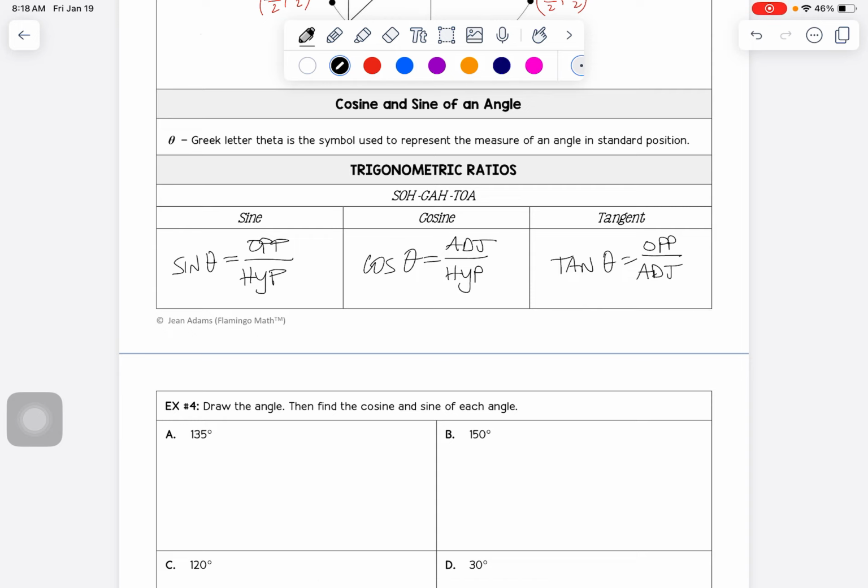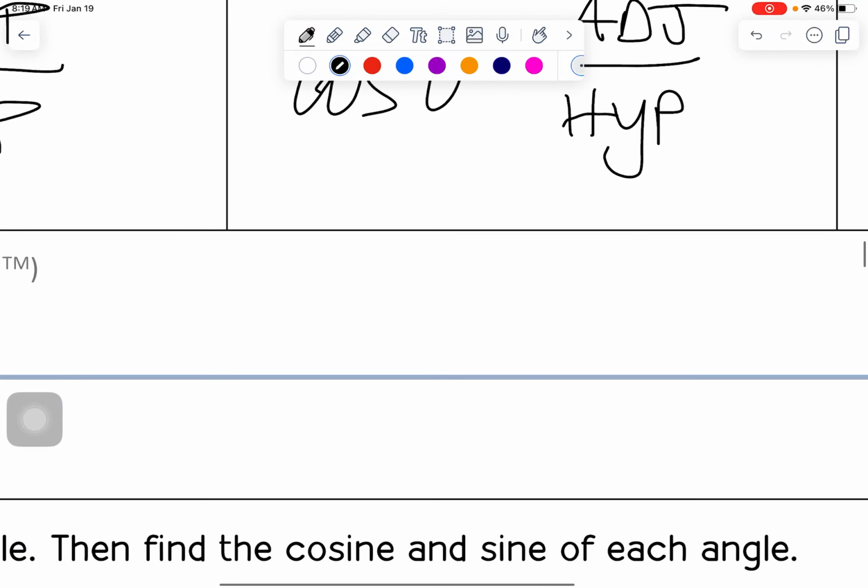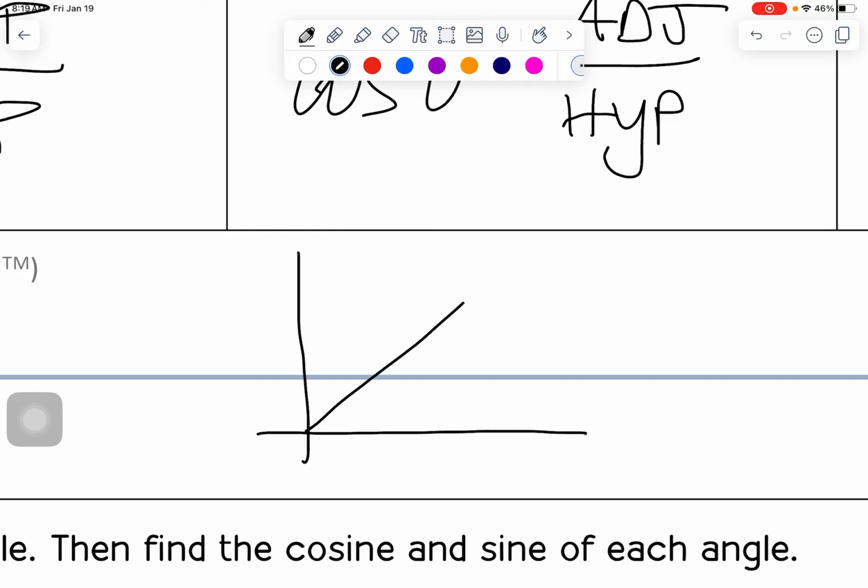The other piece I want you to realize is that this all still relates right back up to that unit circle we just talked about. I'm running out of space here, but in the margin of your paper, in that first quadrant with that first angle, if I label this as theta, then this is the adjacent side, which in Algebra 1 we know as the x side.